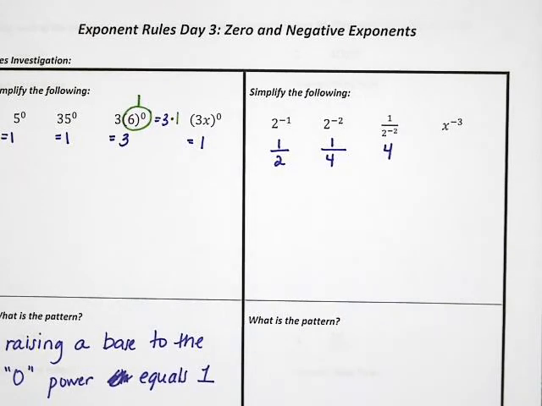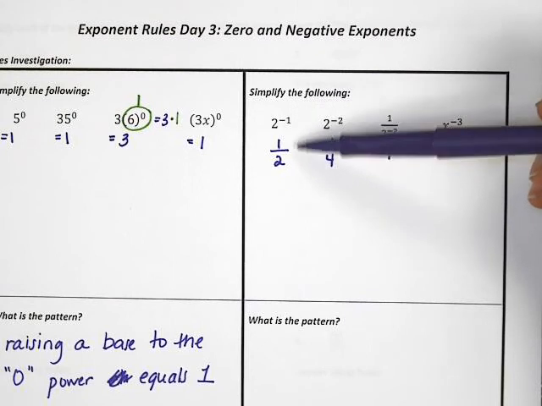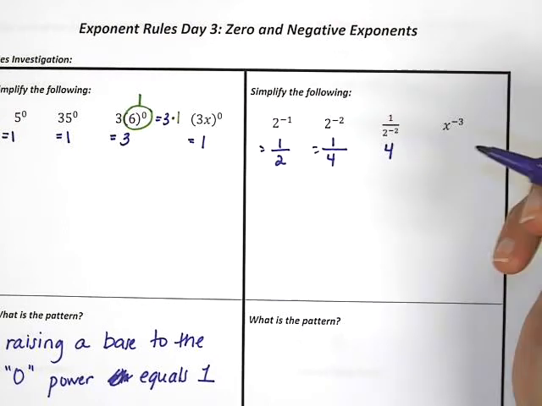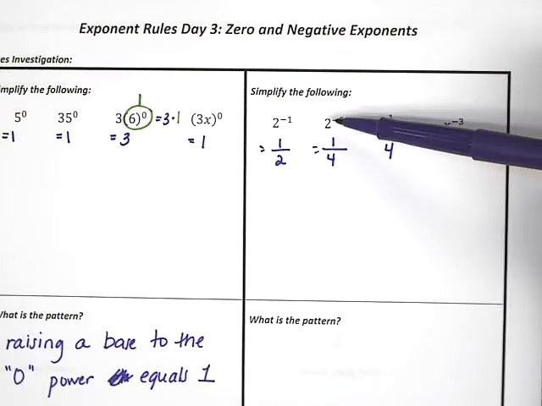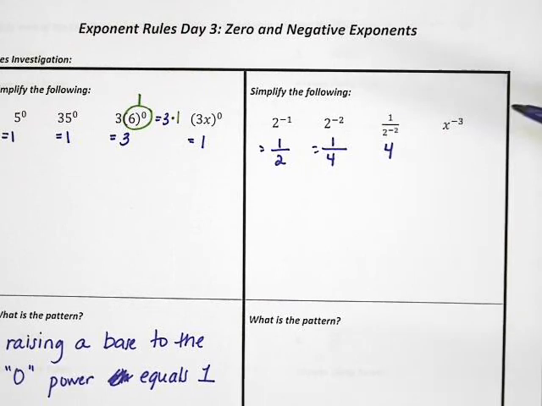So it looks like 2 to the negative 1. Well, 2 to the positive 1 is just 2, and it looks like the 2 just moved to the bottom. So I just raised it to a positive 1 and then moved it to the bottom. Here, if I do 2 to the positive 2, I get 4, and then I just put it on the bottom. But now this one started off on the bottom.